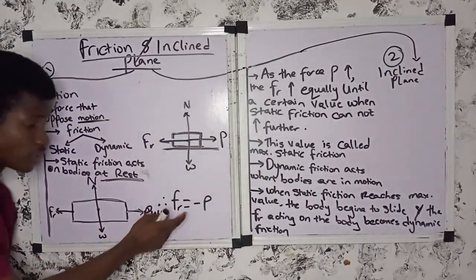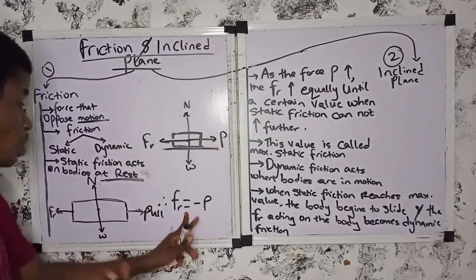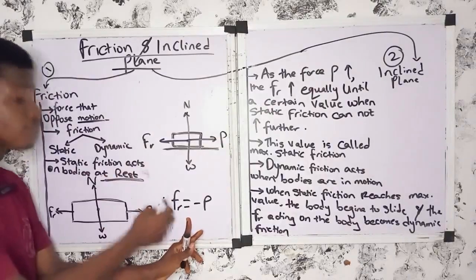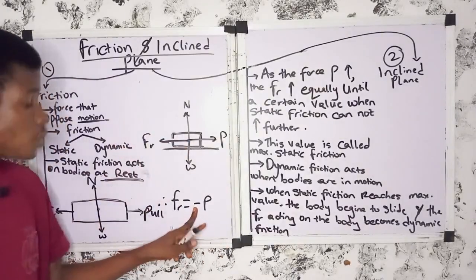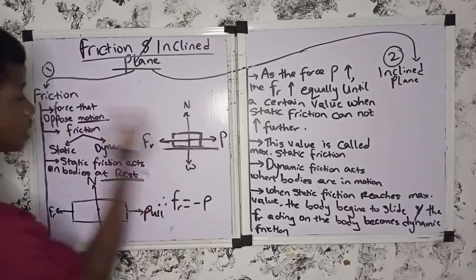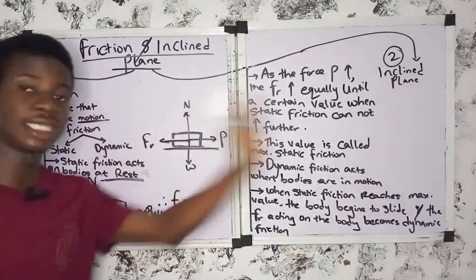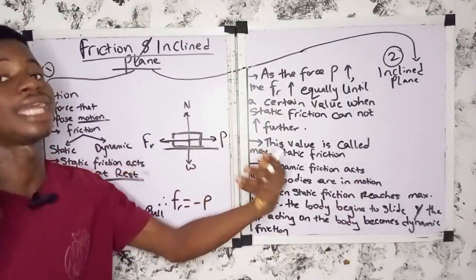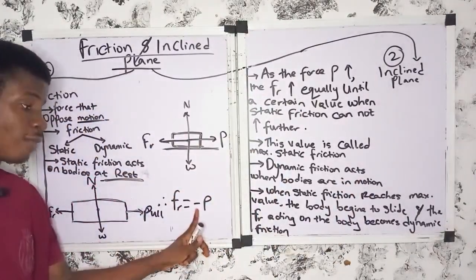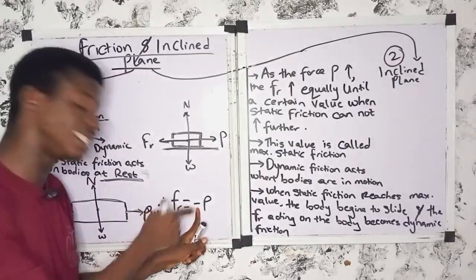Please take note. In this scenario, static friction is equal but opposite to the pull force. Friction is acting on this side, the pull force on this side, so they are acting in opposite directions. This is why you find the negative sign here.